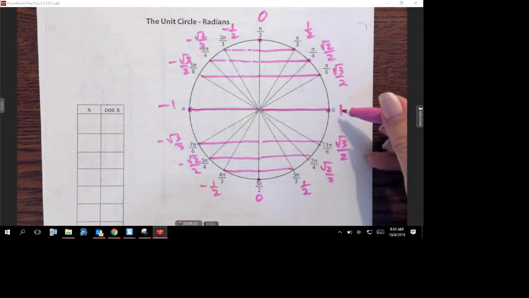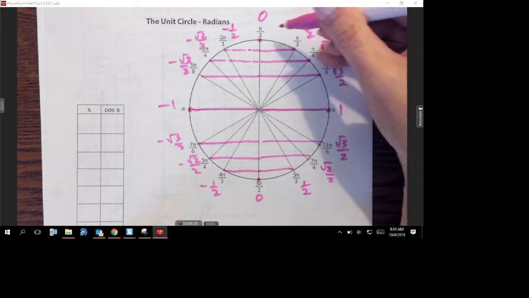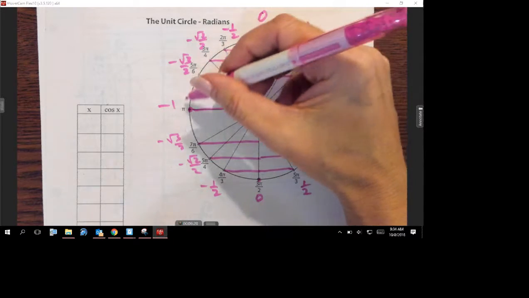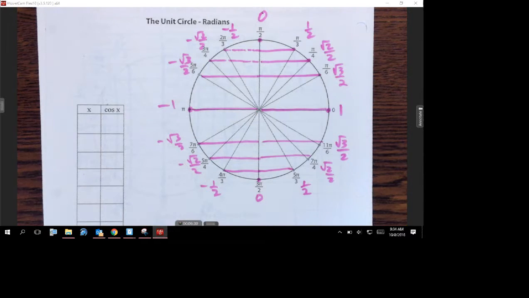And they're getting bigger until we get to 1, and then they get smaller again until we get to 0, then they go more negative until we get to negative 1, and we continue this pattern. And all of these numbers on both circles are the same for sine and cosine. They're just starting at a different place. But they're all the same numbers.